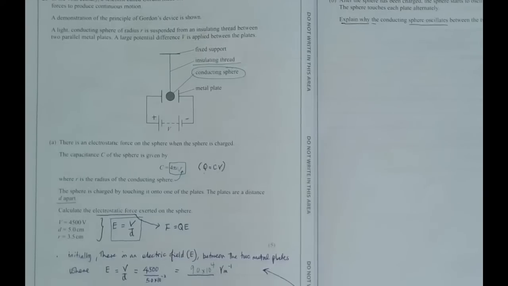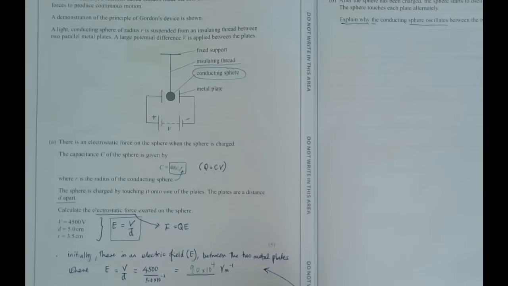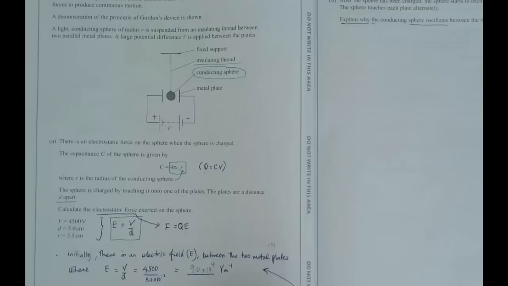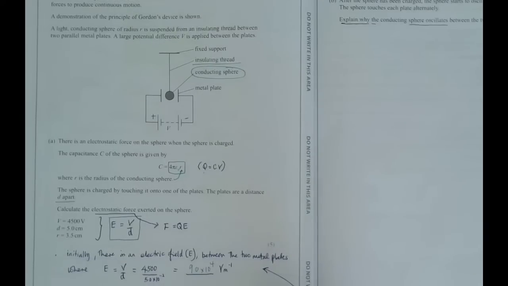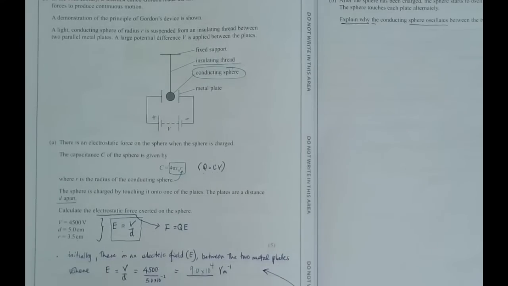You put in the numbers for epsilon naught, which is given to you in a data sheet. There's epsilon naught. 4 pi you multiply. r is the radius in centimeters multiplied by 10 to the minus 2, to change from centimeters to meters, multiplied by 4,500. That will enable you to work out the charge.